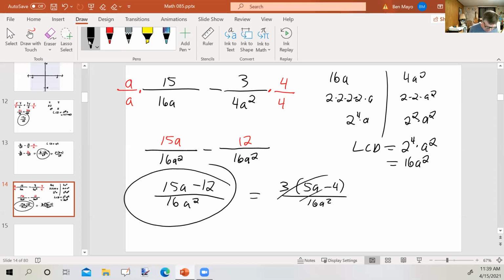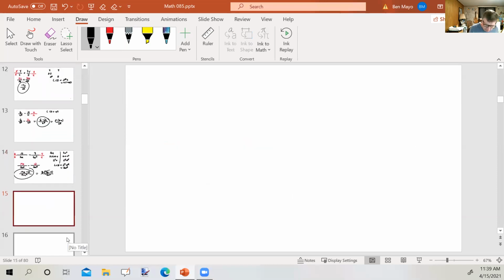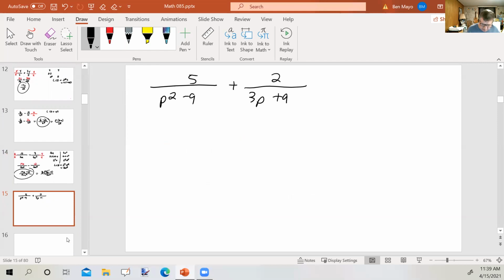Okay, let's see here. We have 5 divided by p squared minus 9 plus 2 divided by 3p plus 9. So to find the least common denominator of p squared minus 9 and 3p plus 9, we will factor each denominator.